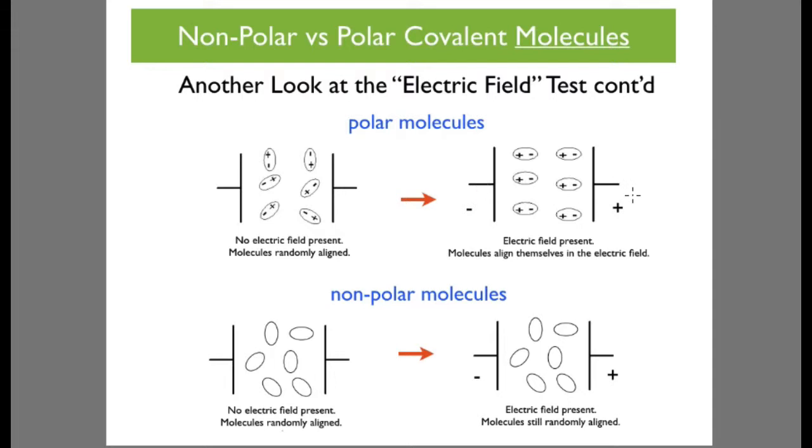If you turn the electricity on, then this plate here becomes negatively charged, and this one here becomes positively charged, and you see that the molecules will move and align themselves in the electric field, with the negative side of the molecule facing towards the positive plate and the positive side facing towards the negative plate. With non-polar molecules, this of course won't happen. Even when you turn the electricity on and this plate here becomes charged negatively and this is positive, there's no charge on the molecules, so they won't rotate to align.